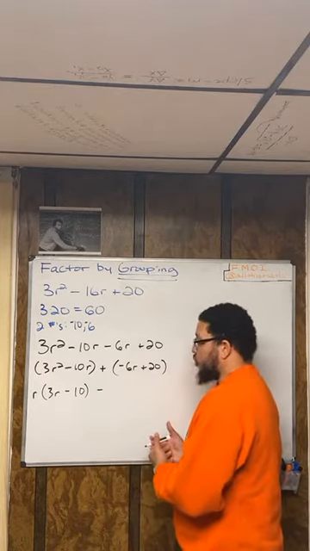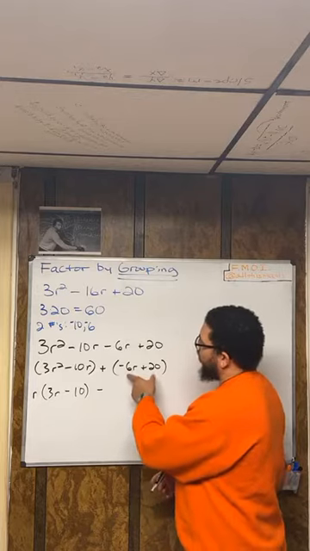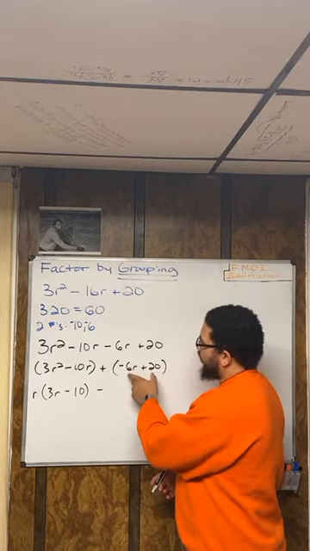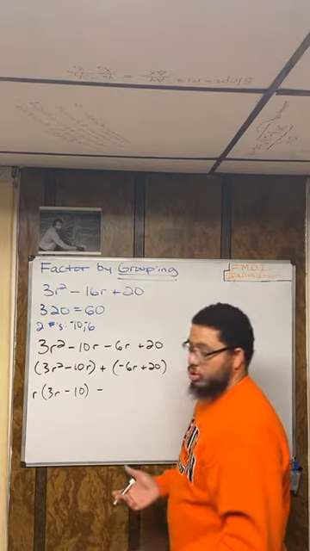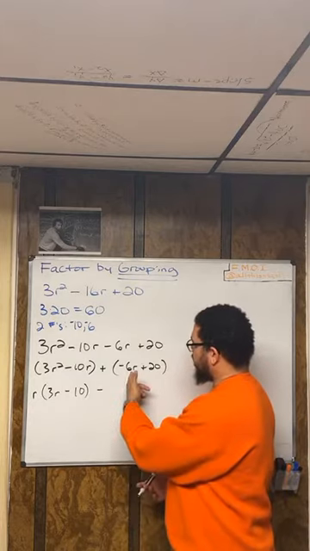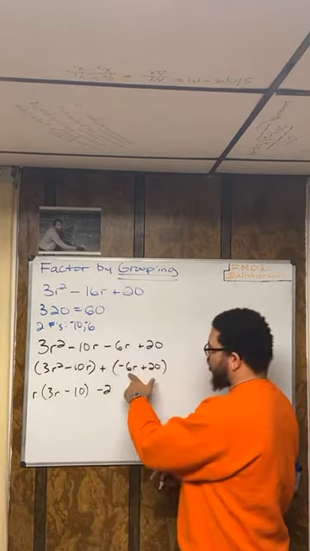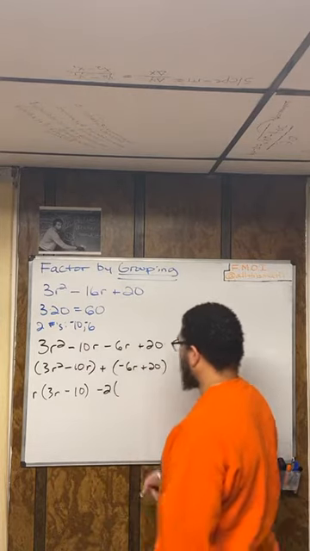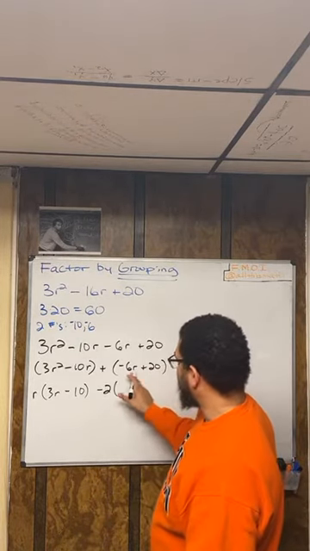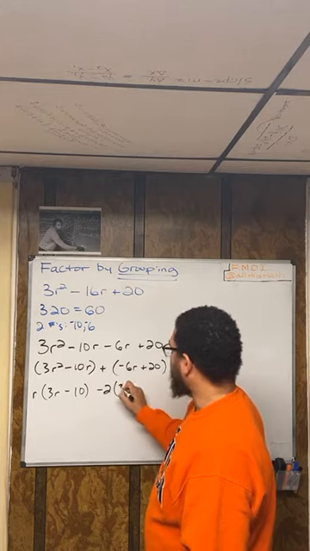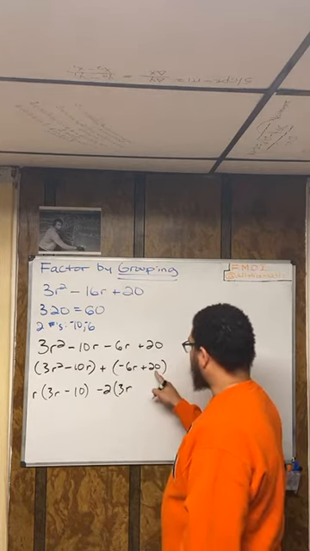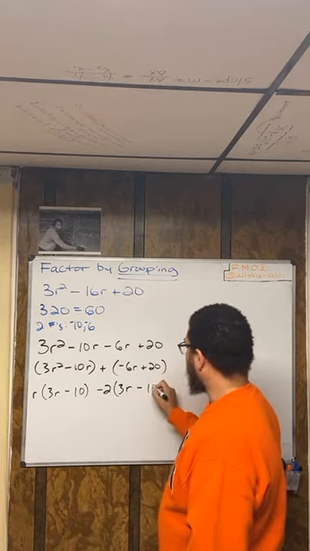So the greatest common factor of 6 and 20 is 2. 2 goes into 6, 2 goes into 20. And I make it negative because the 6r was negative. So then I divide this. Negative 6r divided by negative 2 gives me positive 3r. Positive 20 divided by negative 2 gives me negative 10.